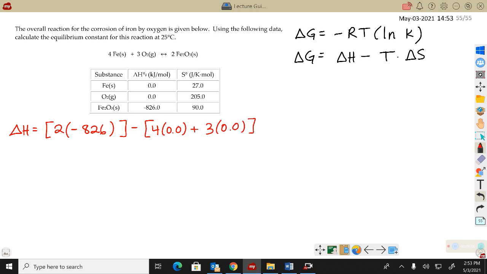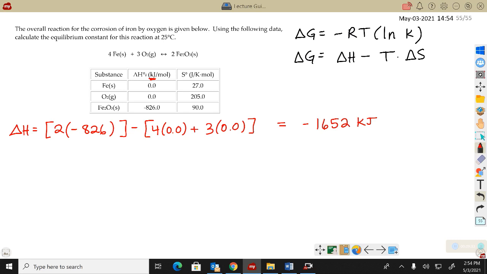Sometimes they might not even give me those zeros, but I know that the heat of formation of a pure element in its elemental state is 0. So I've just got 2 times negative 826, or negative 1652. And this would come out in kilojoules, because my delta H is in kilojoules.